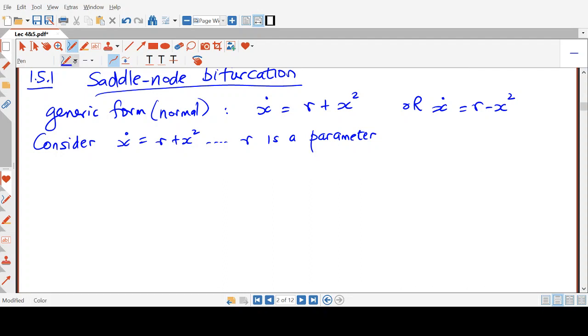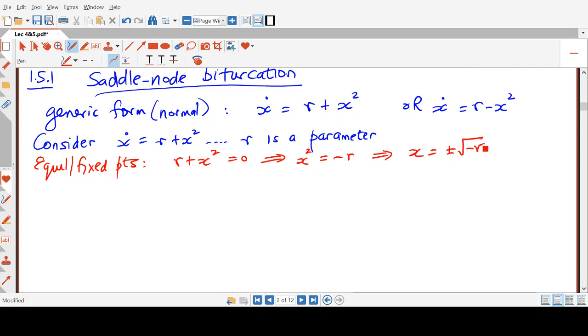So what are the equilibrium points? Equilibrium or fixed points. That's when r plus x squared is equal to 0. This means x squared is equal to minus r. This means that x equals plus or minus the square root of minus r.